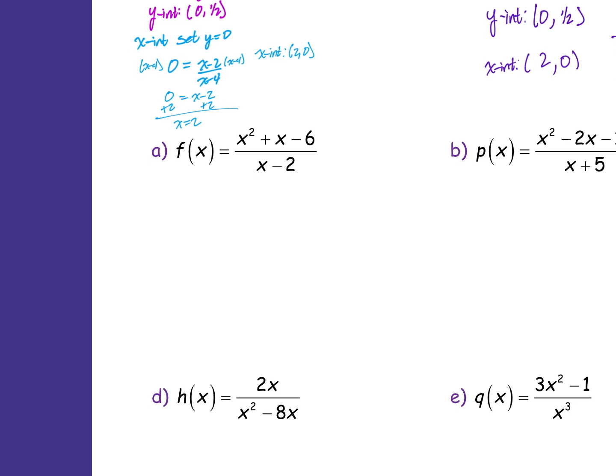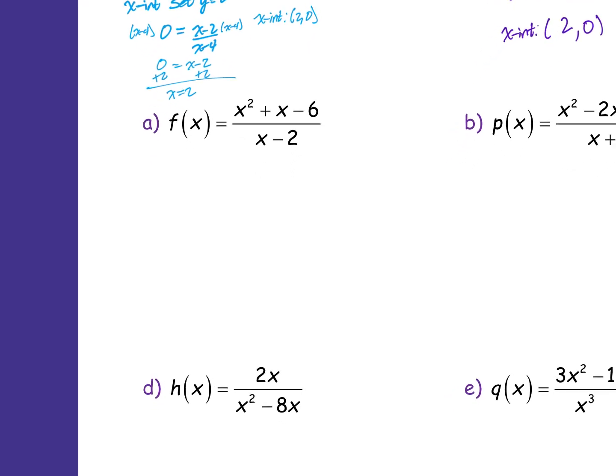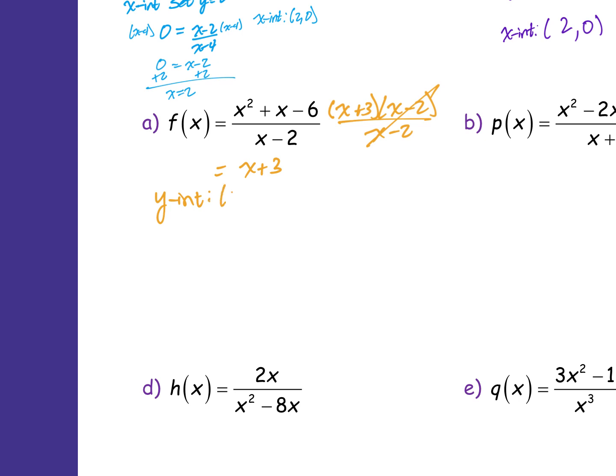Okay. A, where's A at? So A factors to, what does it factor to? X plus 3 and X minus 2 all over X minus 2, right? So that goes away. So it factors to X plus 3. So my y-intercept should be 0, 3.